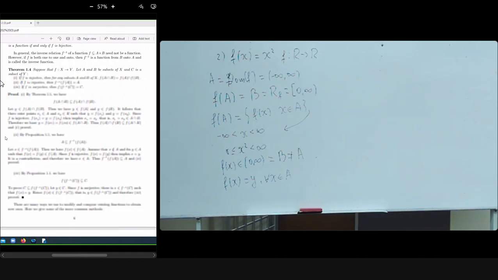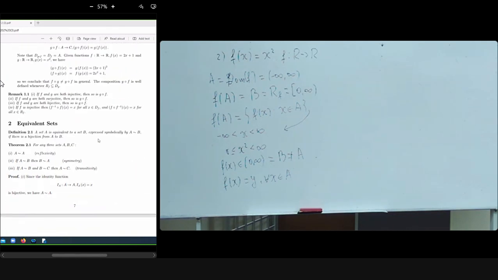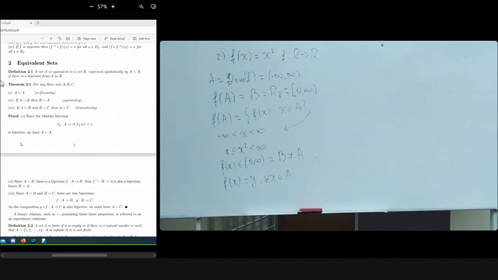So now the second definition says for equivalent sets: these two sets are equivalent if there is a bijective function mapping A to B, B to A. Okay, bijective function. So this theorem is already proven. So A is equivalent to A. If A is equivalent to B, then B is equivalent to A. So the third one, this is reflexivity, symmetry, and transitivity.